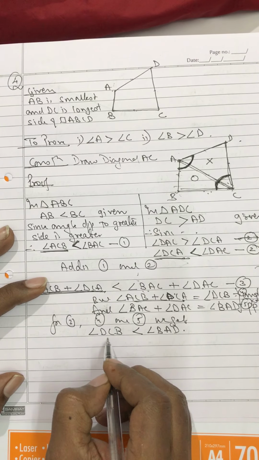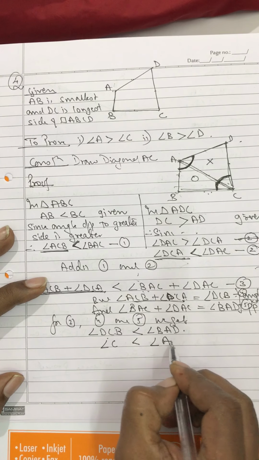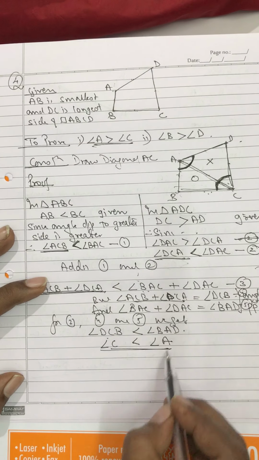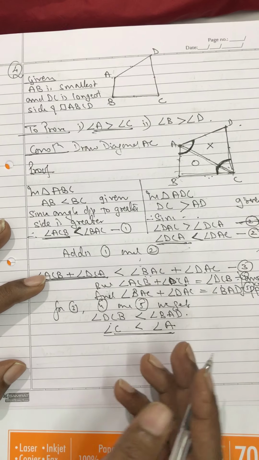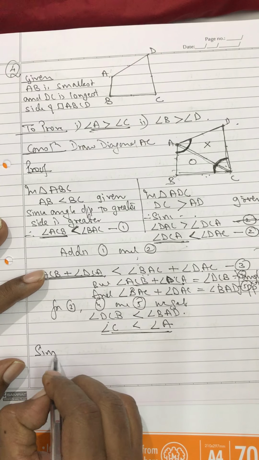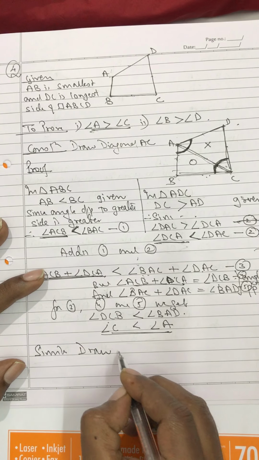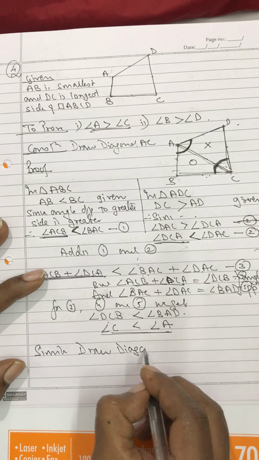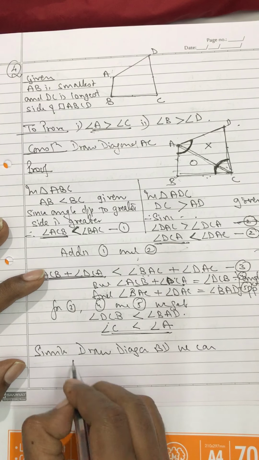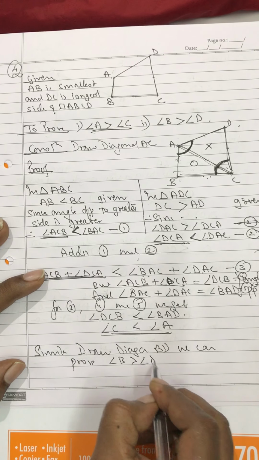In short, angle C is less than angle A. Means angle A is greater than angle C. Now if you want, you can do this, otherwise you can just write similarly, otherwise you will have to prove it. Drawing diagonal BD, we can prove angle B is greater than angle D.